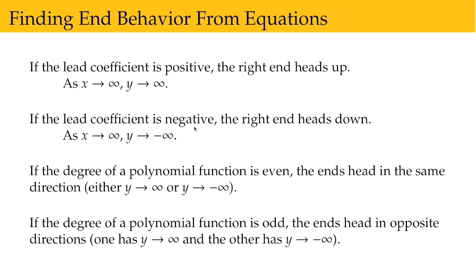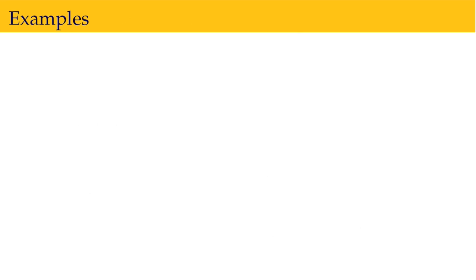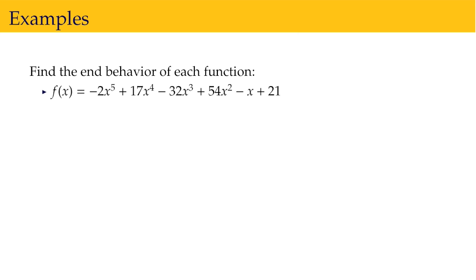So let's look at several examples now. We want to find the end behavior of each function. Here's our first function. Now remember, I don't need to know the rest of the function when all I'm interested in is the end behavior. I can just look at this dominating term.